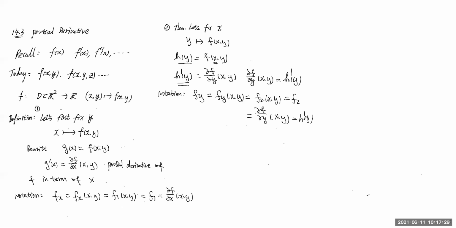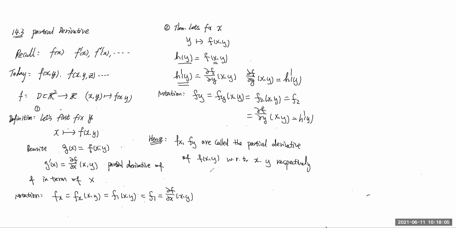So after this introduction, f_x and f_y are called the partial derivatives of f(x, y) with respect to x and y respectively.